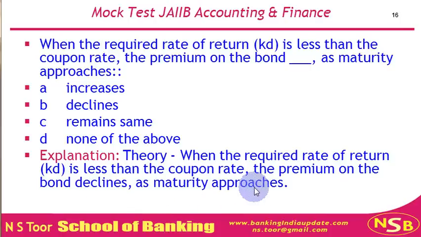So our answer here is it declines. So when the required rate of return, that is YTM, is less than the coupon rate, the premium decreases as the maturity comes near.